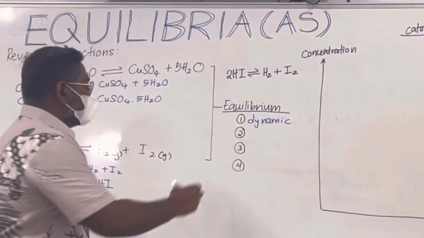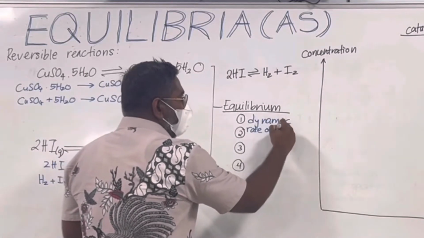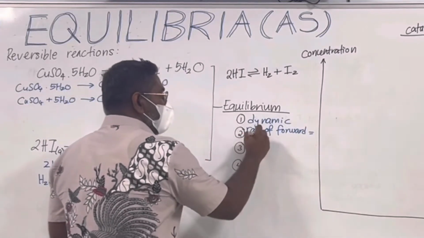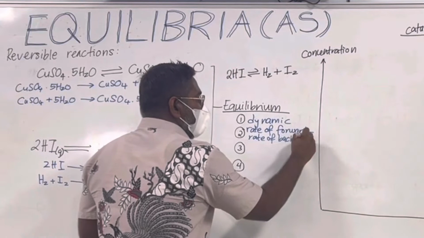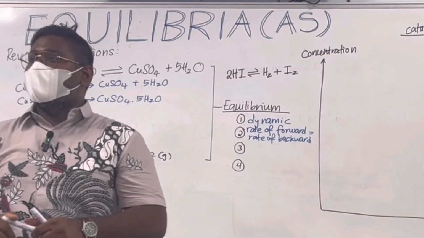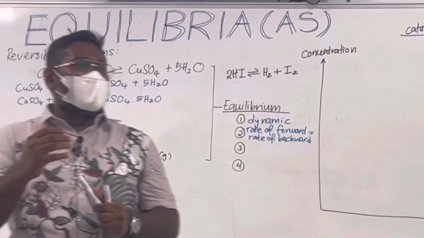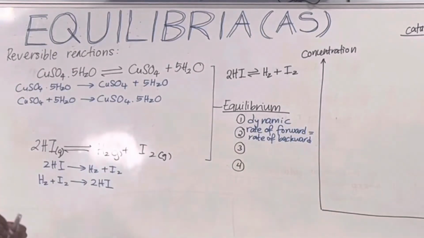Why? Because the rate of the forward reaction is the same as the rate of the backward reaction. Once they have reached equilibrium, the state where they are stable, the rate of the forward reaction is the same as the rate of the backward reaction.